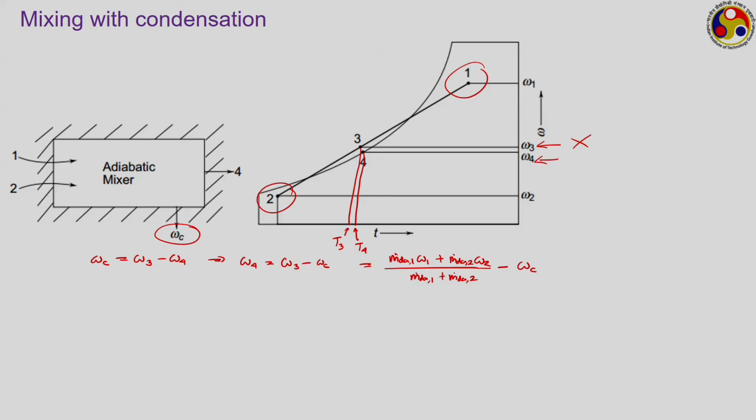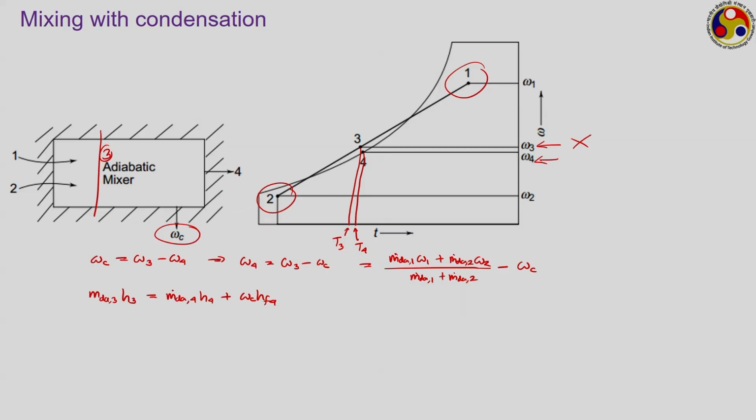Also, if we perform the energy balance to identify the temperature, the adiabatic mixture is receiving states 1 and 2, then at this point your state is 3, and then it is getting separated into 4 and omega c. Then if we perform an energy balance on this, m dot dry air 3 H3 should be equal to m dot dry air 4 H4 plus omega c into Hf corresponding to the point 4, because it is difficult to say at which temperature omega c will be.